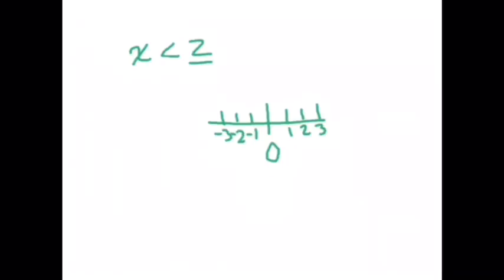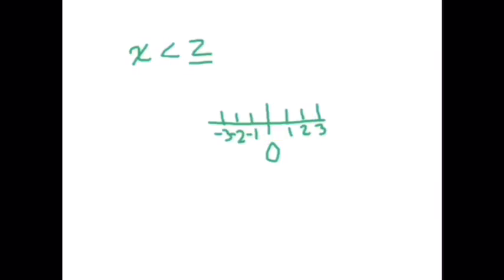Okay, so understanding that this says less than, put a circle around 2 on the number line, and then we draw a line going in the negative direction with an arrow. So this tells us that x is less than 2.